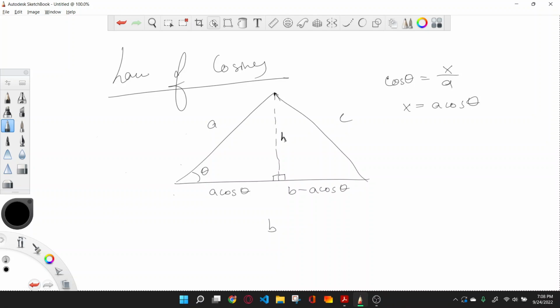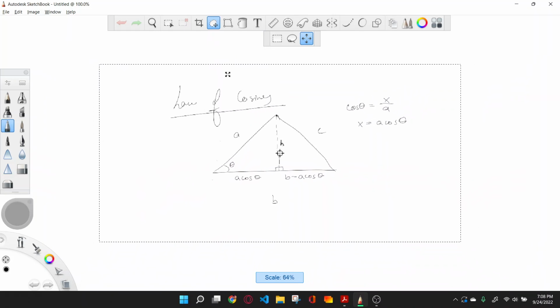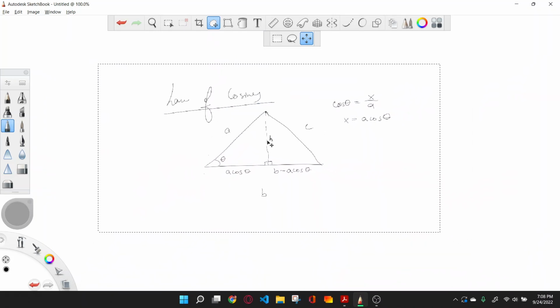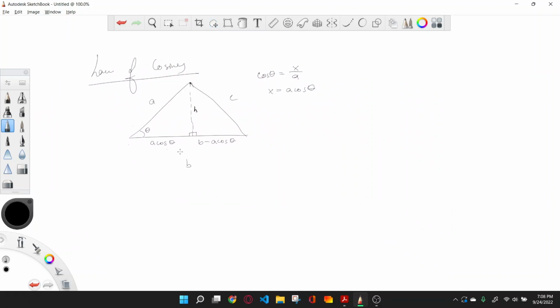I'm just going to make everything smaller so there's more space. Now that we know these two parts of B, we can use the Pythagorean theorem on each of these two right triangles.